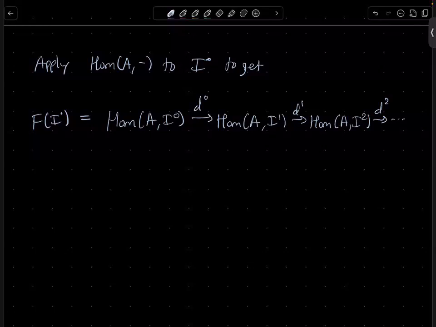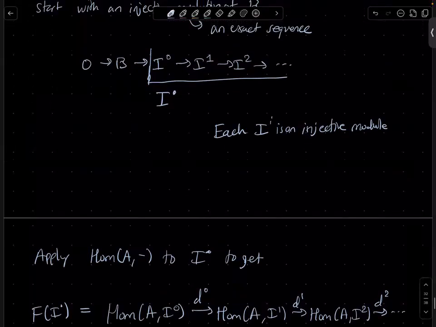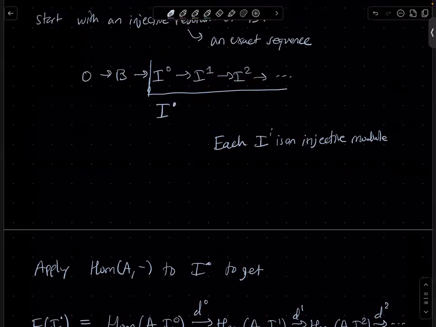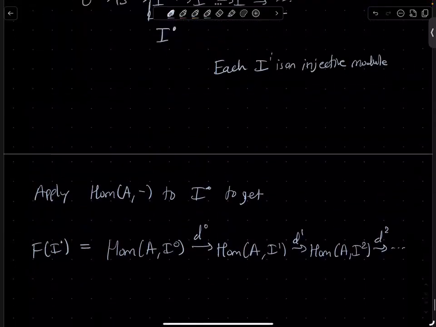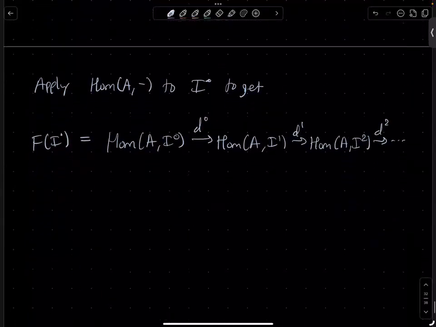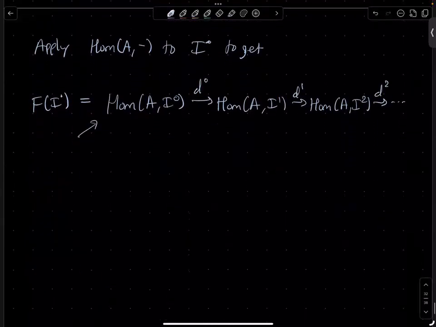Whenever I have a truncated complex like this, what is meant is that really there's a bunch of zeros behind here, but just to aid in visualizing what's going on, I'll draw the 0 behind the first group here.